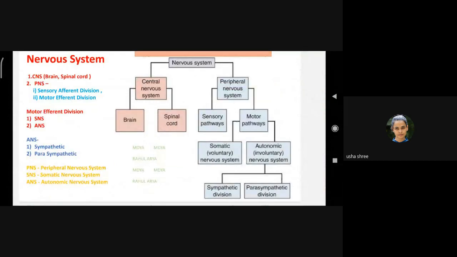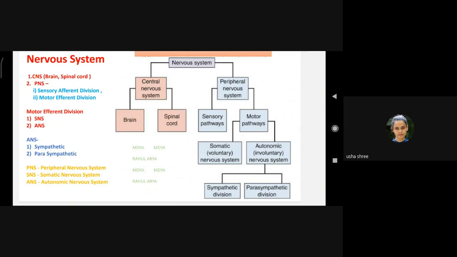So this is the flow chart of the nervous system. You can see here. Primarily, the nervous system is divided into two parts, that is the central nervous system or CNS and the peripheral nervous system or PNS. Okay.